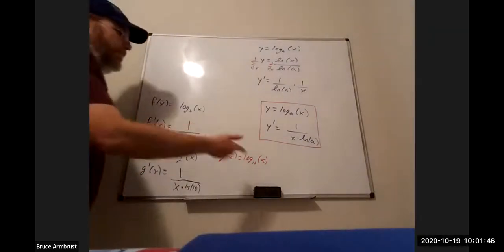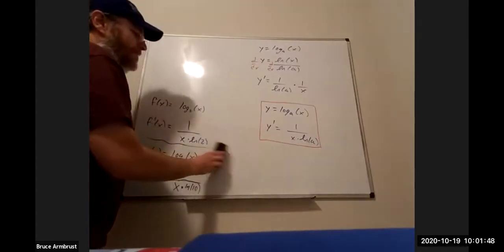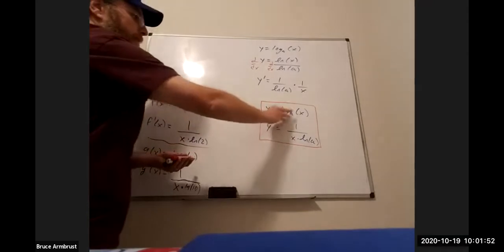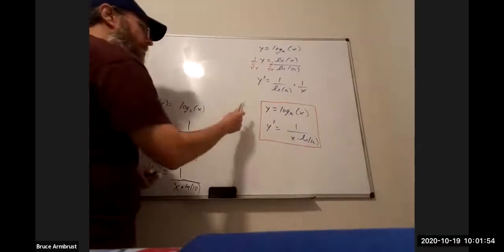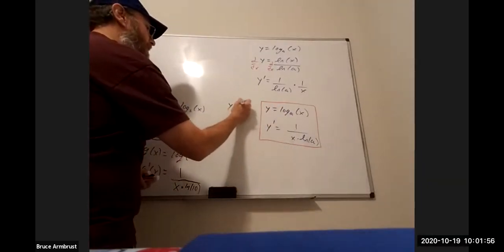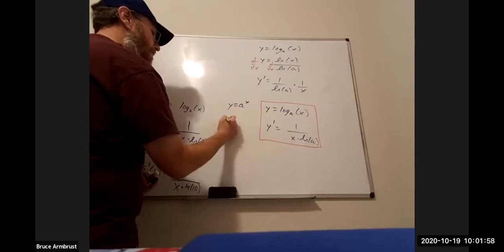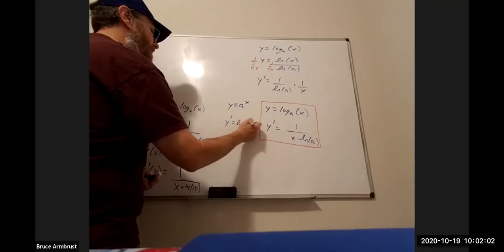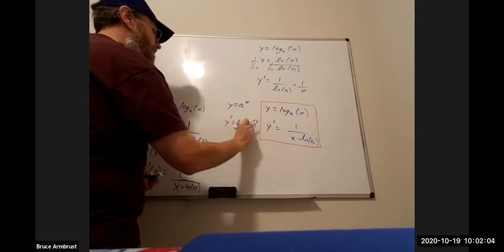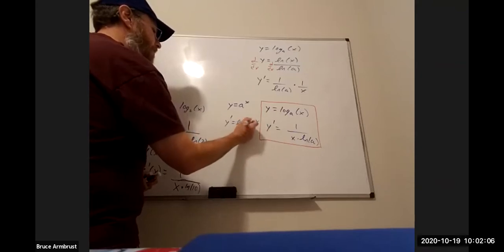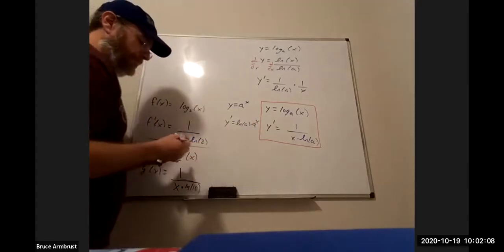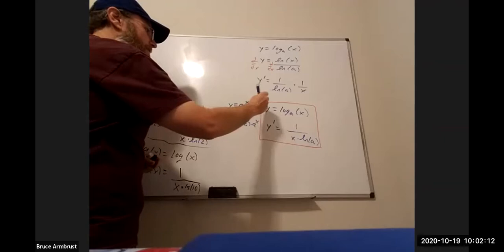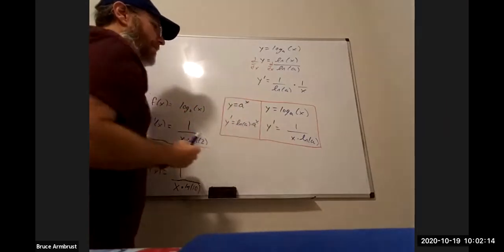All right, I just want to show you one more thing. Go back to what we saw with the a to the x. If y was equal to a to the x, we saw y prime was equal to natural log of a times a to the x. That's what we saw earlier today. I want you to notice that there's definitely some similarity here.